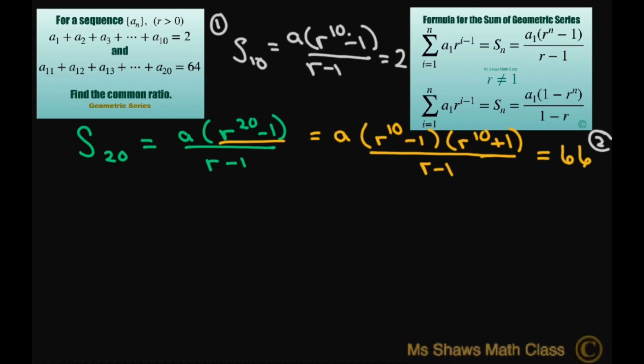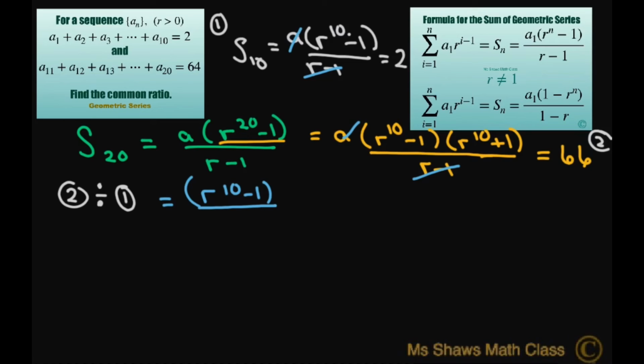So what I want to do is take equation 2 and divide it by equation 1. When you divide these two, these a's are going to go away. So let's just write this part, and these are going to divide out.